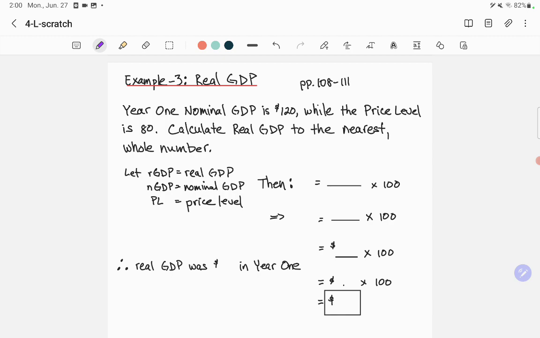Has anyone ever lived through prices going down? Anyone? Has anyone here lived through prices going down? You actually went to the store, and not just on sale this week. I mean, for a month, you've seen prices go down and they stay down.